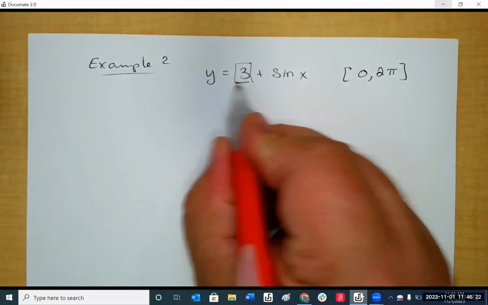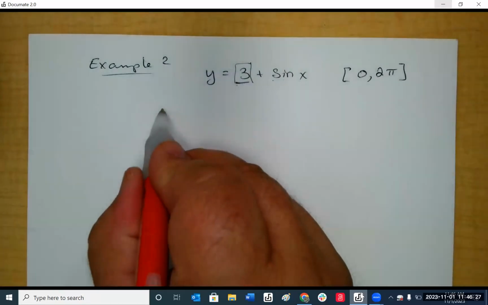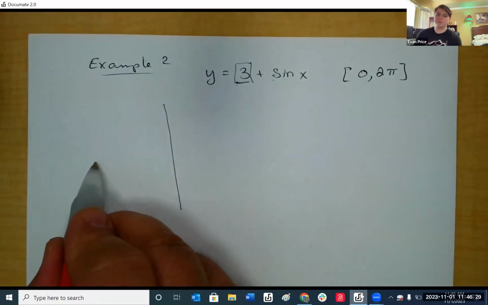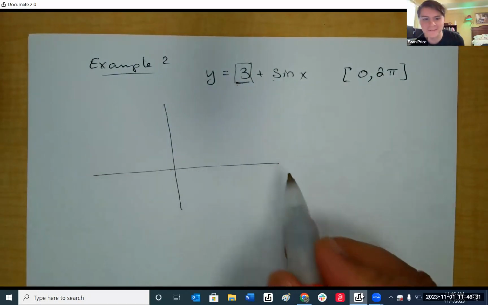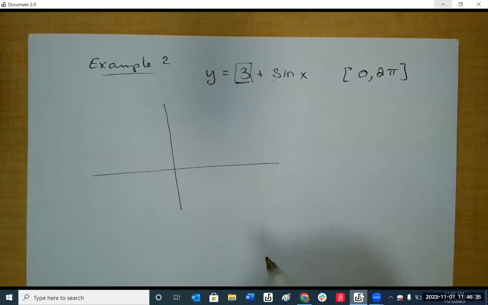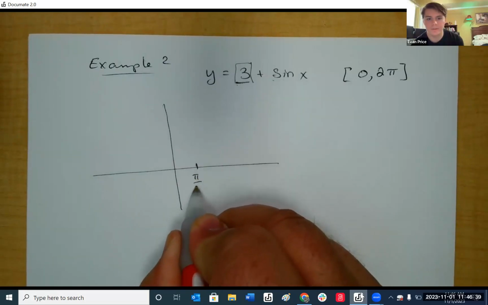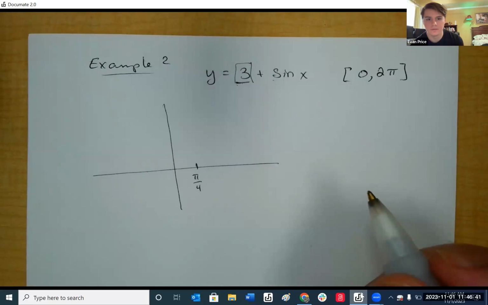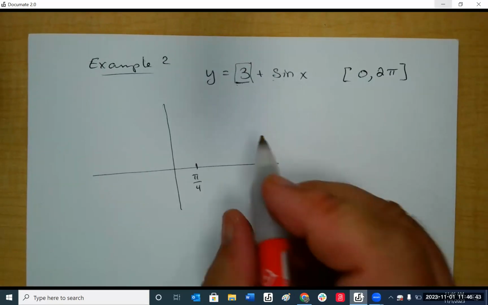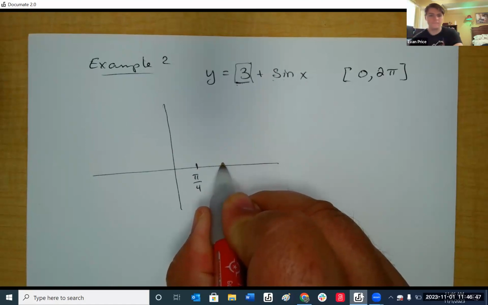But anything away from the x-axis is always our vertical shift. I almost said amplitude, and then I was like, no, that's the a of the function. And this one is c, right? The 3 is c. Yes.